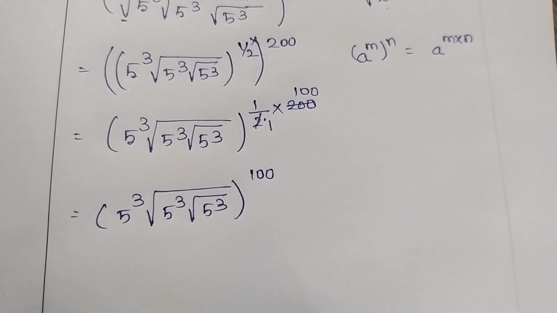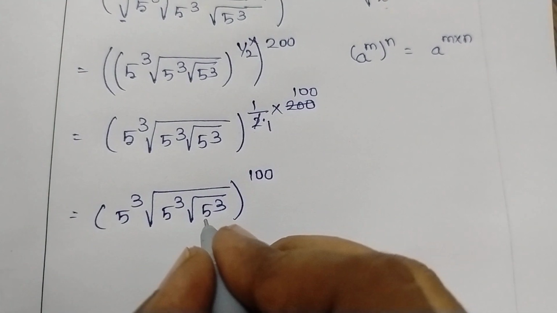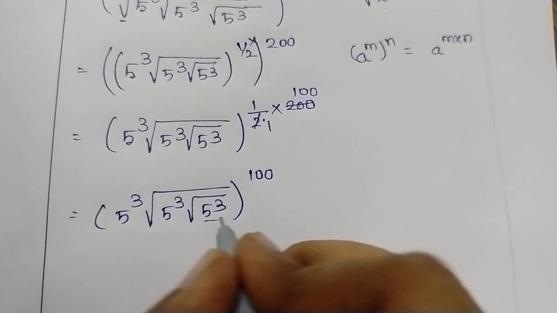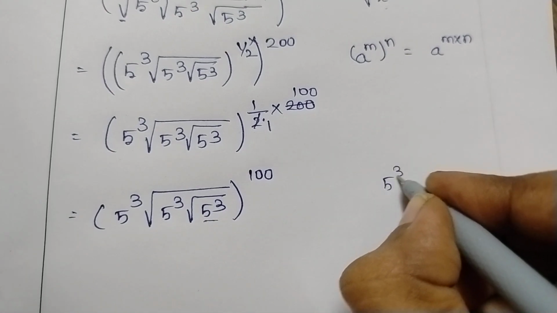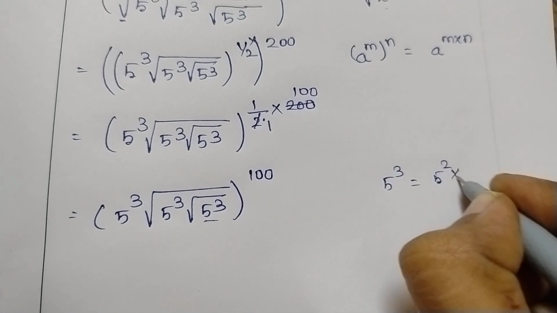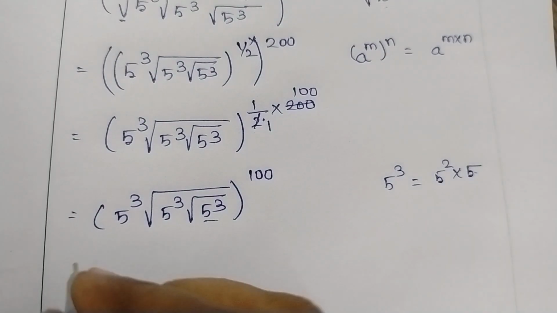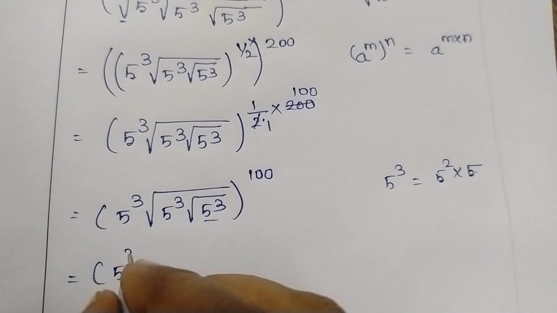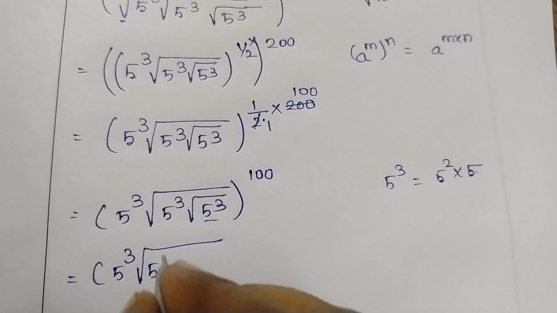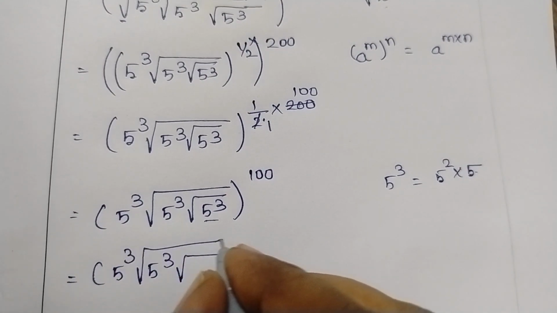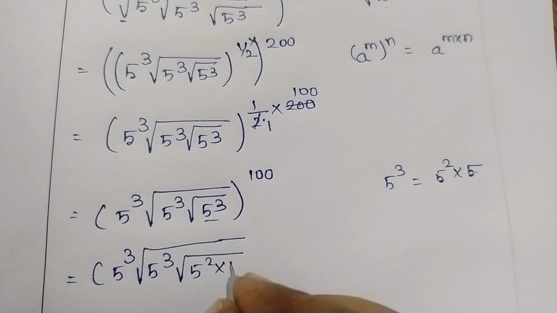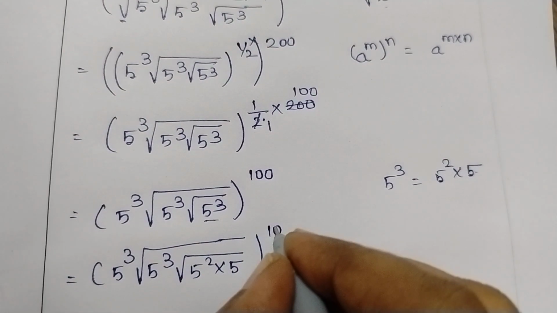So next step is what? We can write this 5 cube as 5 square into 5. Just apply this in the place of this 5 cube. Therefore 5 cube the root of 5 cube the root of 5 square into 5, the whole power 100.